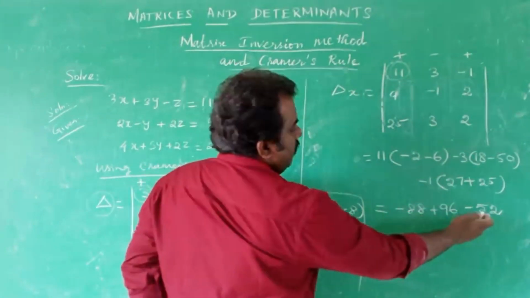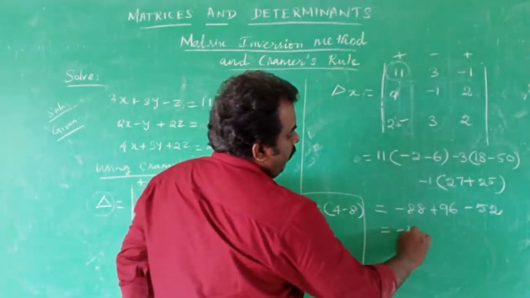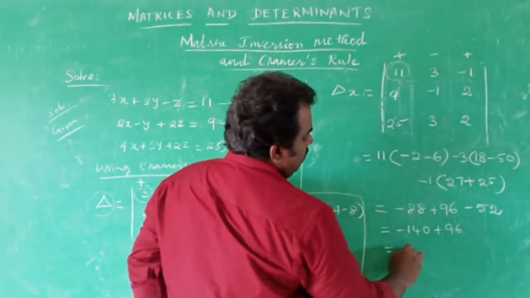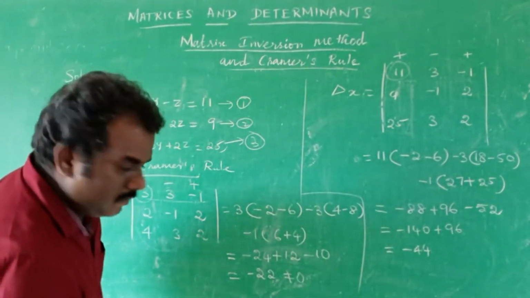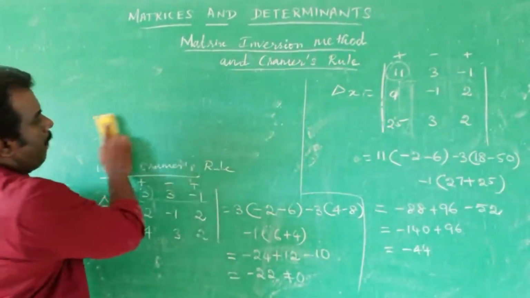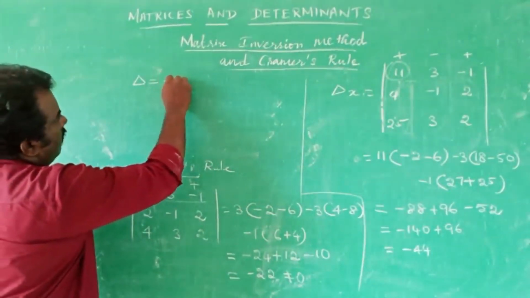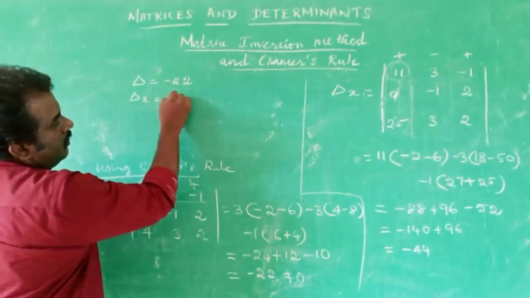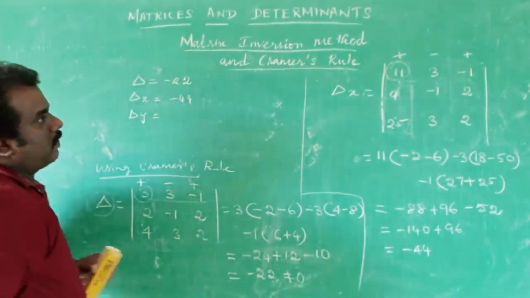So -88 - 52 can be taken as -140. -140 + 96 is equal to -44. Here the value of delta is equal to -22, and the value of del x is equal to -44. Next we can go for del y.